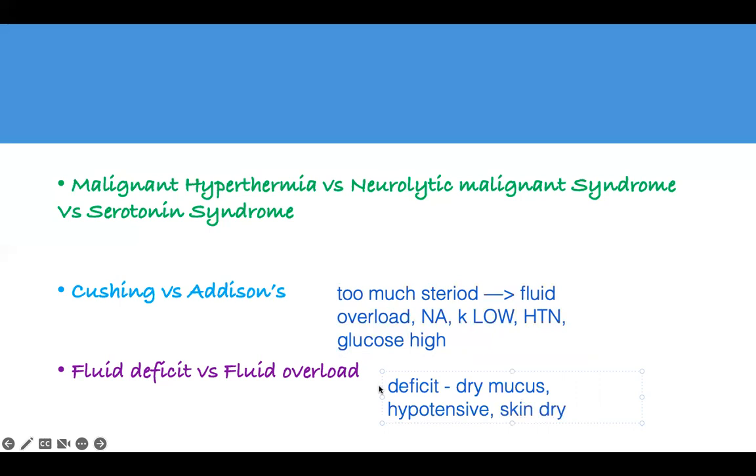I mean, you keep on listing things that you expect them to have when they have fluid deficit. Okay, and then you use it as a negative for fluid overload. So when you're selecting the answer, you've learned both, you've seen that this is the opposite of that. So you're thinking about it in that bi-directional way.